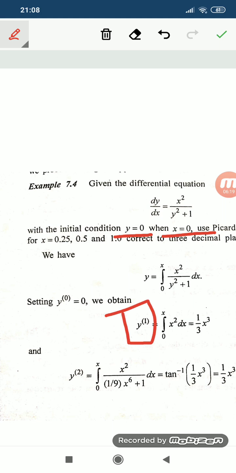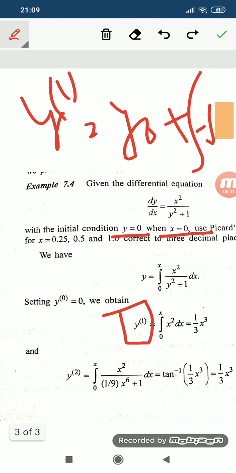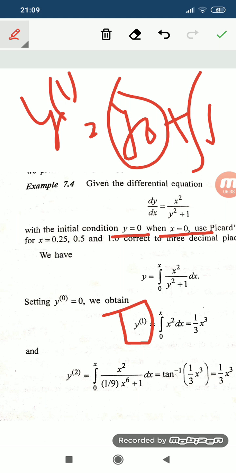In place of y, we will substitute 0, and if you recall the method, y1 will be equal to y naught plus the integral of f(x, y naught). Since y naught is 0, 0 plus anything is that thing. So we will simply integrate x square by 0 square plus 1, that is x square, so x square dx. So you get the first approximation.